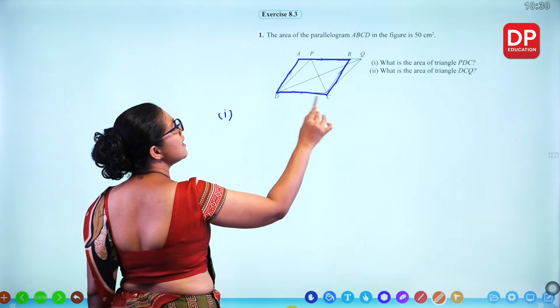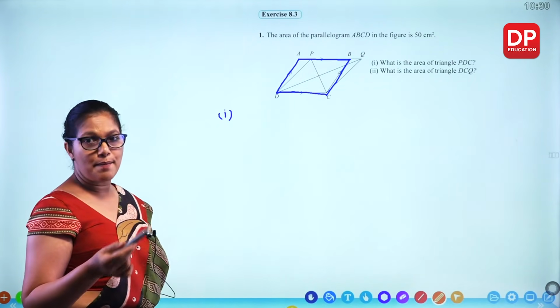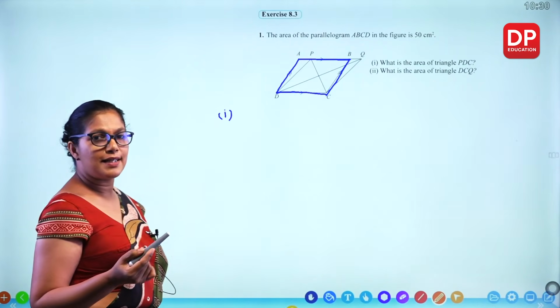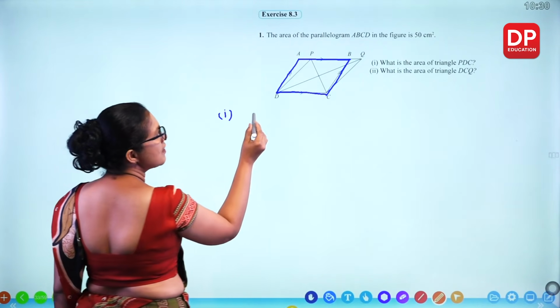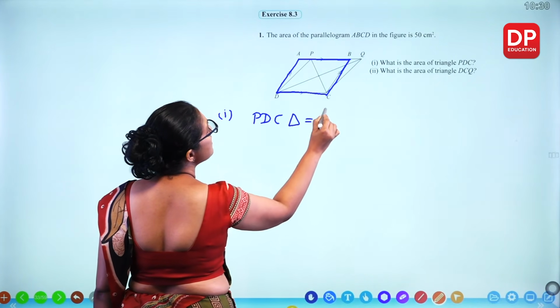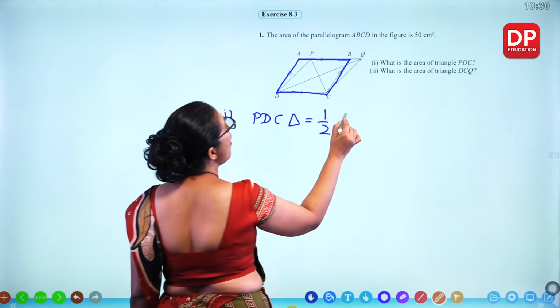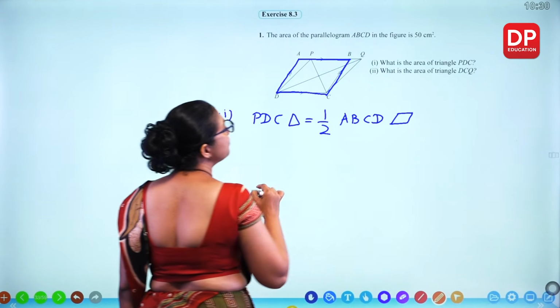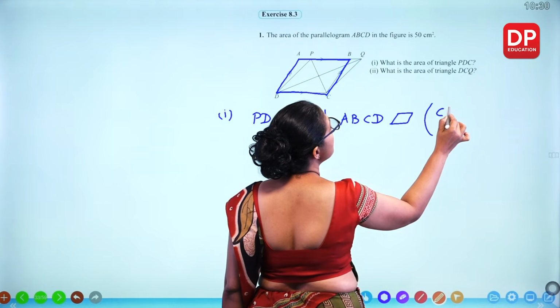PDC is in between the same pair of parallel lines and on the same base CD. What can you say? Straight away you can write PDC area is half the area of ABCD parallelogram. Why? What's the reason?